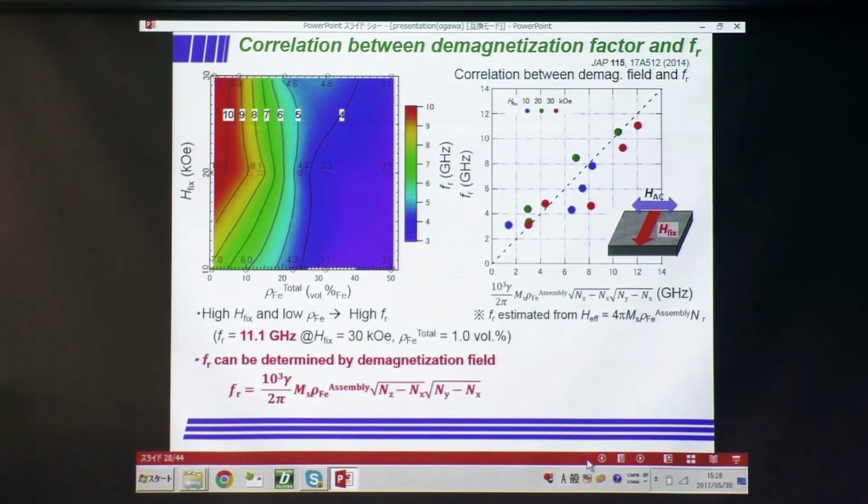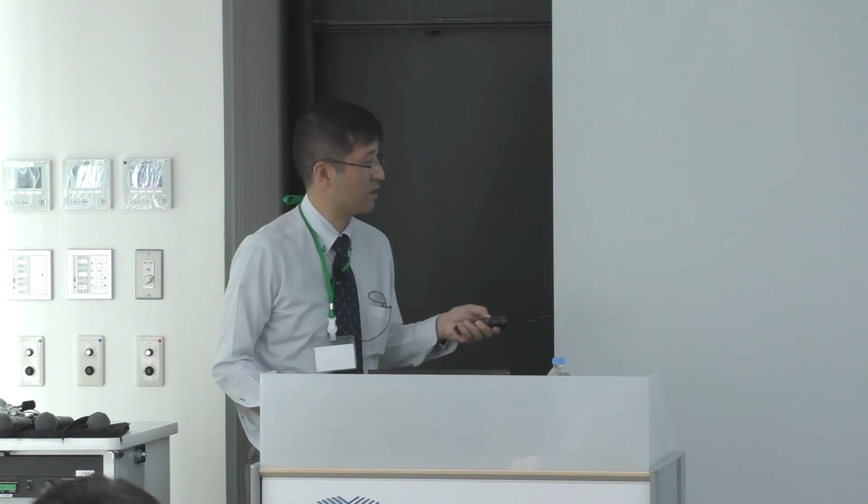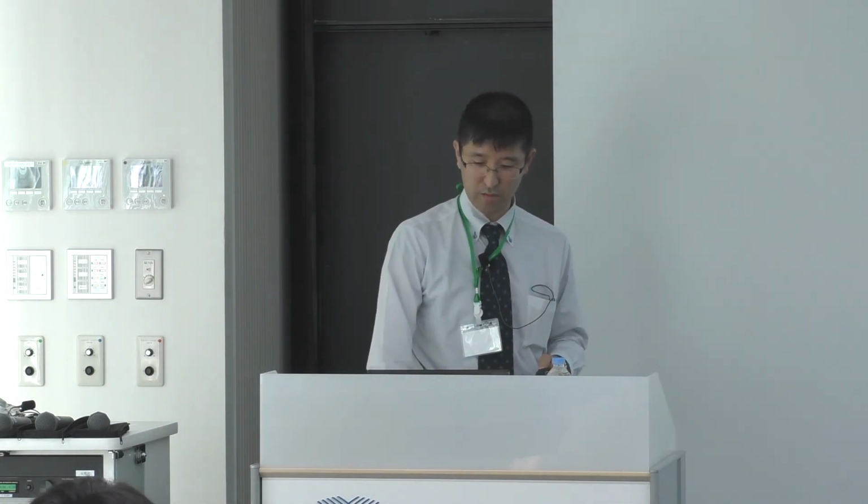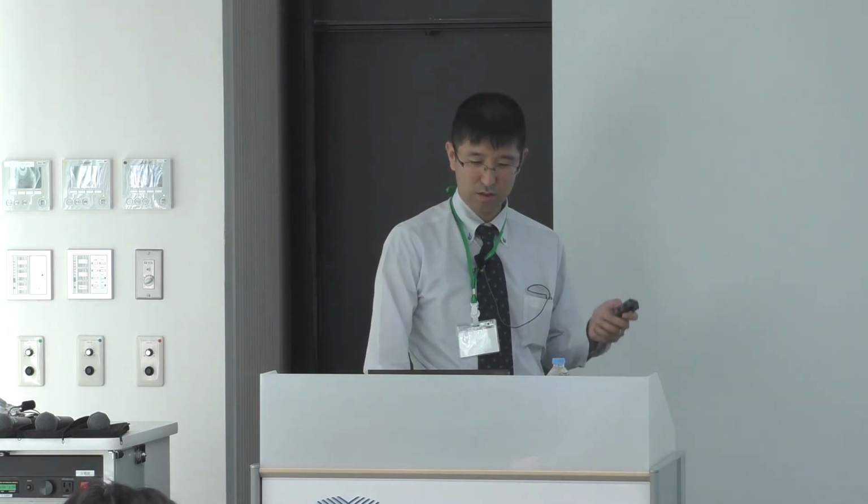We can fit with this kind of equation. So FR, the ferromagnetic resonance frequency, can be scaled using this equation for this kind of magnetic nanoparticle assembly. And also we can estimate the Snoek limit for the columnar structure case.